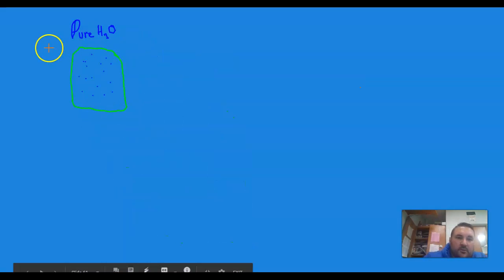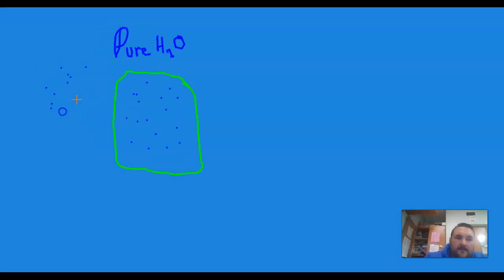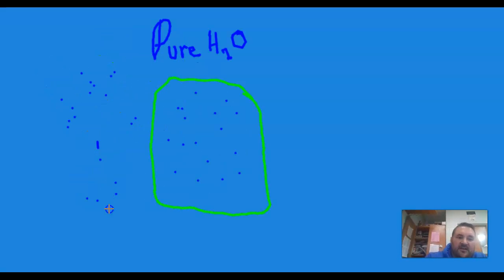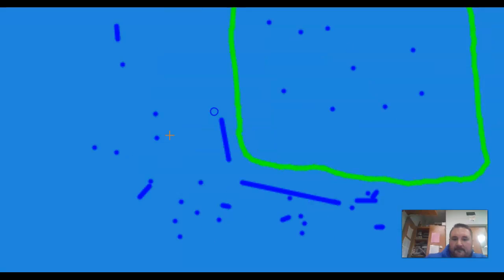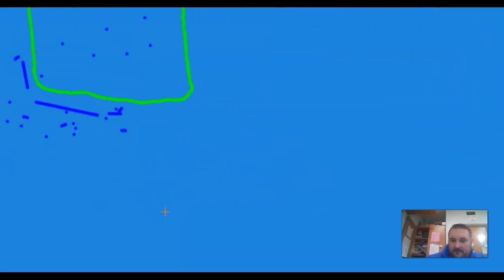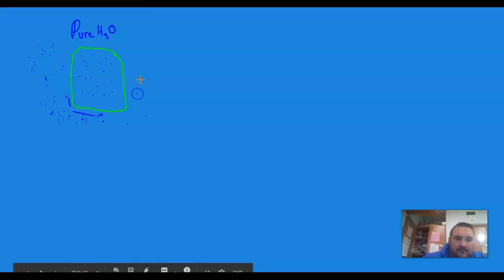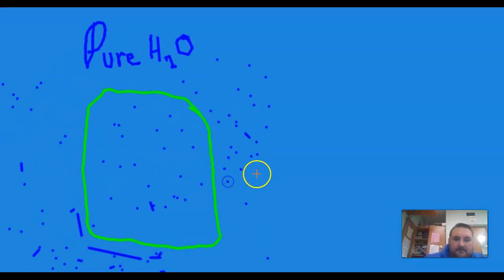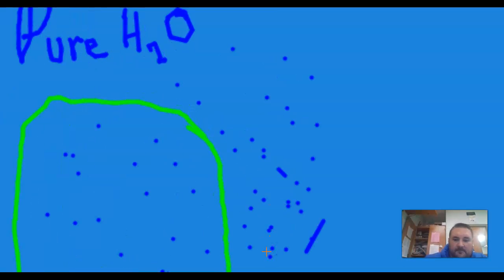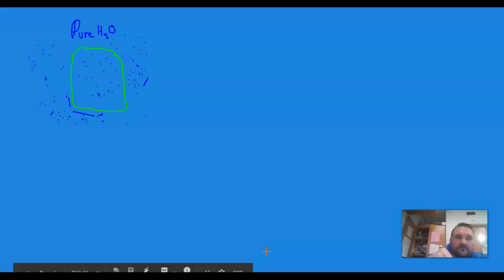When I put that in pure water, there's more water on the outside of the cell than on the inside. So water will move from the outside to the inside.